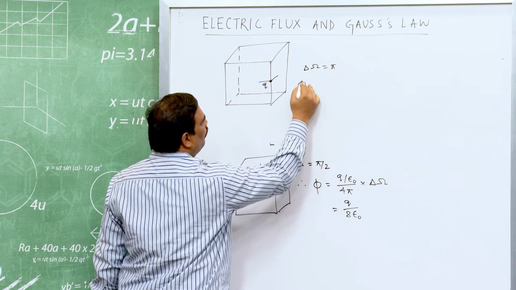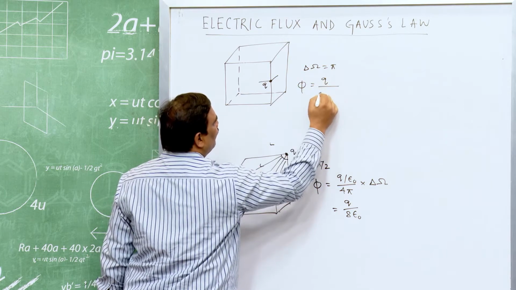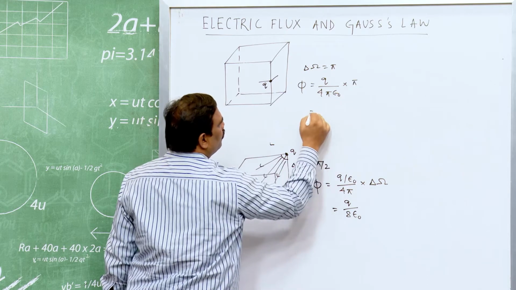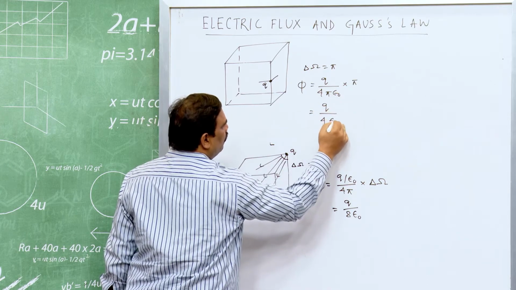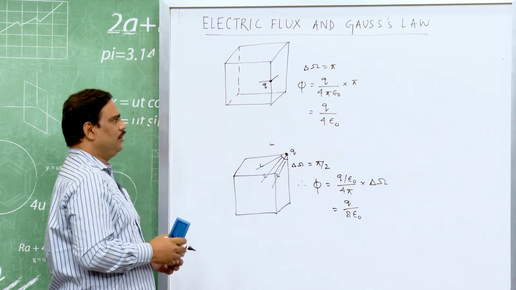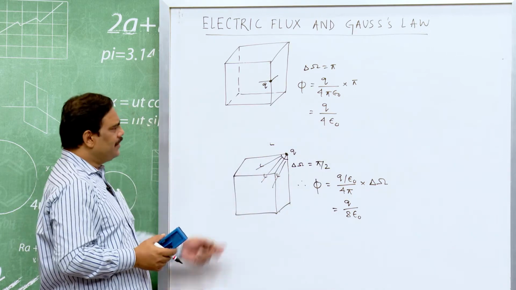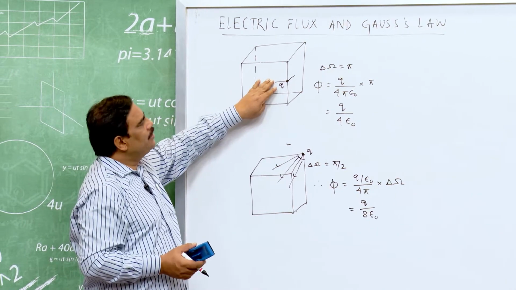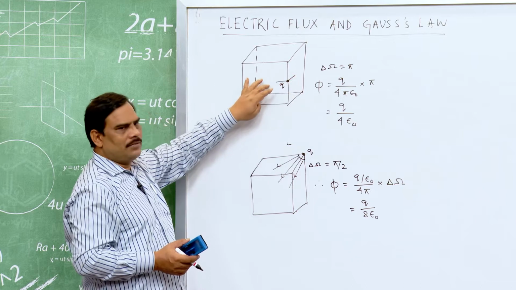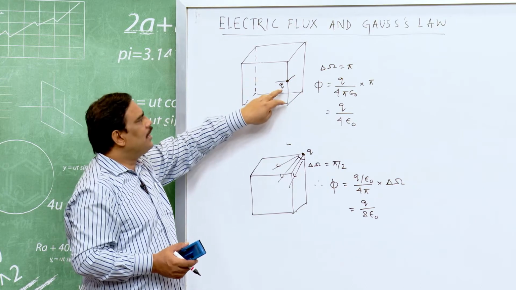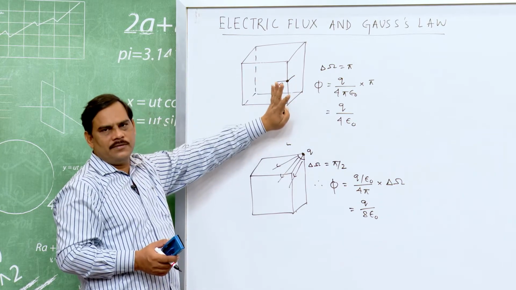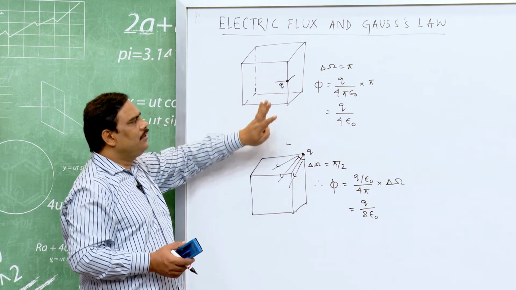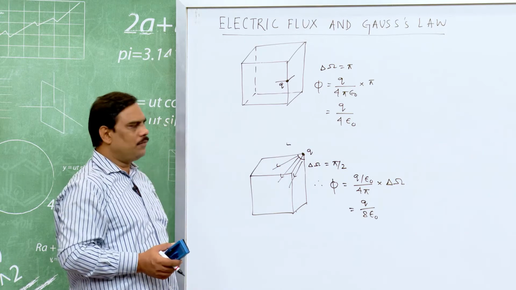So, my phi equals q divided by 4 pi epsilon 0 into pi, this will give you q divided by 4 epsilon 0. In a similar fashion, if I place 4 such cubes side by side, the charge q will be entirely enclosed, and therefore, the flux through each cube is q divided by 4 epsilon 0.